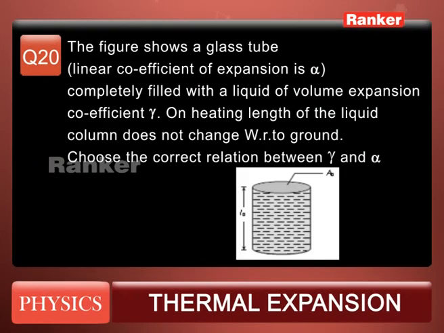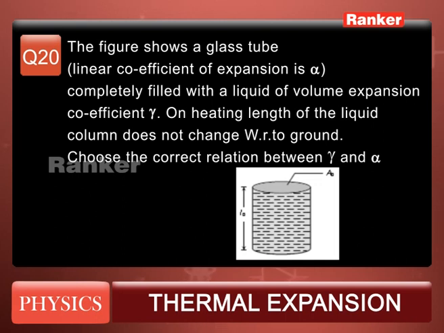Question number 20. It is given as the figure shows a glass tube, linear coefficient of expansion is alpha, completely filled with a liquid of volume expansion coefficient gamma. On heating, length of the liquid column does not change with respect to ground.